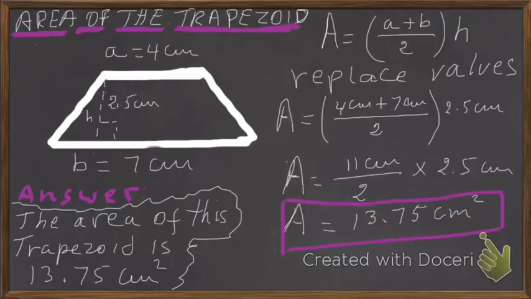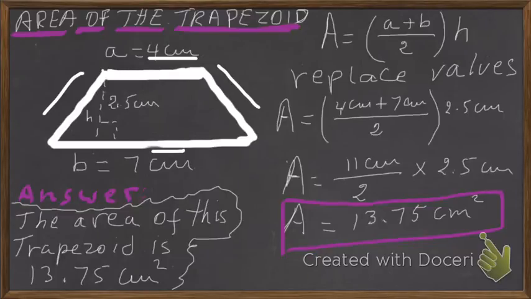All right, so the trapezoid is also called a quadrilateral. It has 4 sides: 1, 2, 3, and 4. Side A and side B are parallel sides. Parallel means 2 lines that never meet.